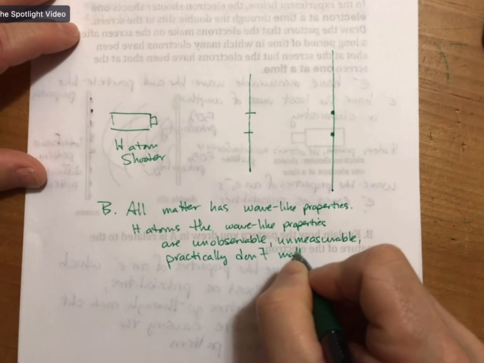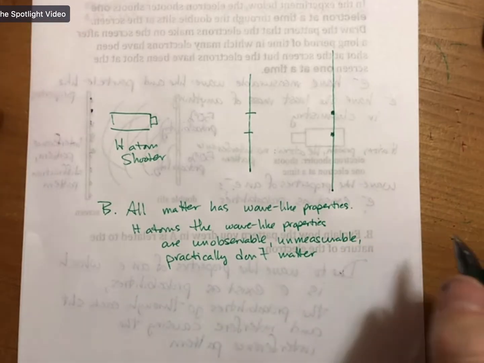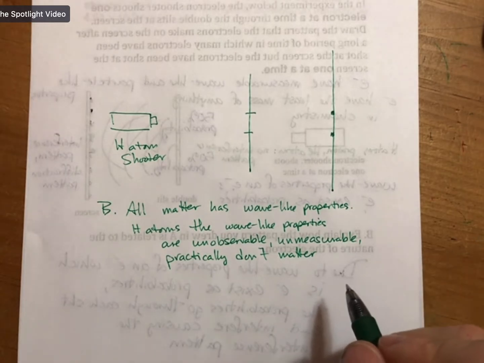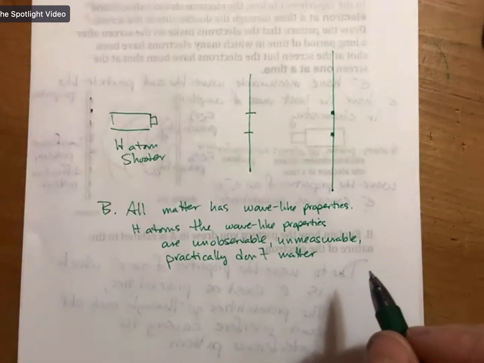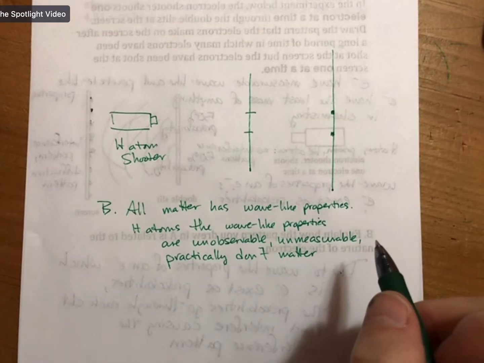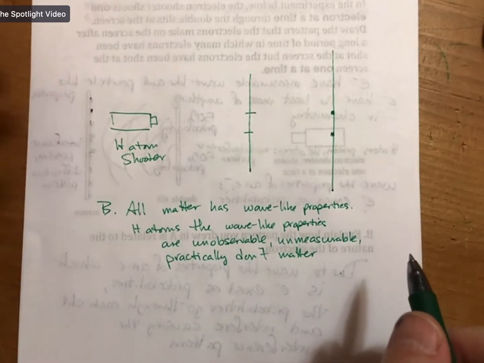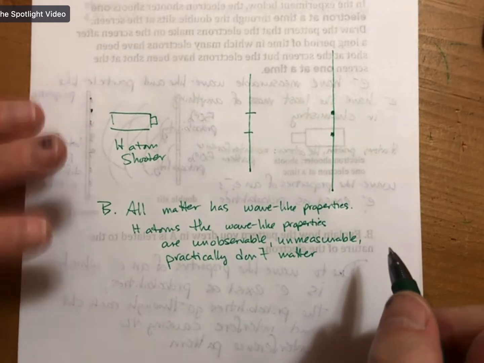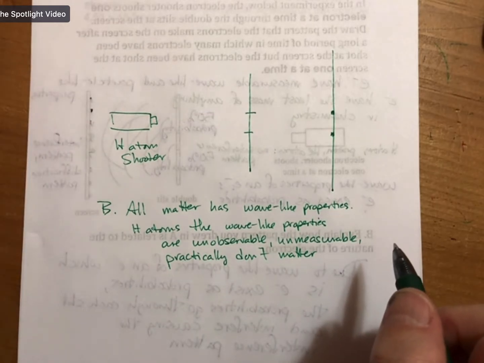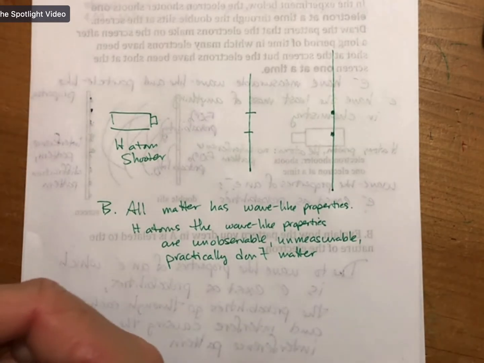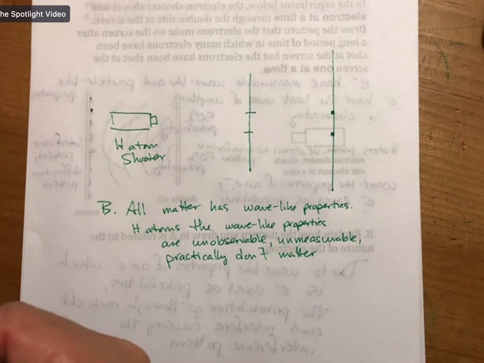And what you'll see is that in the next one, we're going to actually calculate the wavelength of an electron. And when we do that, I'll also calculate the wavelength of a hydrogen atom, and we'll see that it is like 1,000 times smaller and therefore doesn't matter. So the first thing we need to remember is that it only matters for electrons.